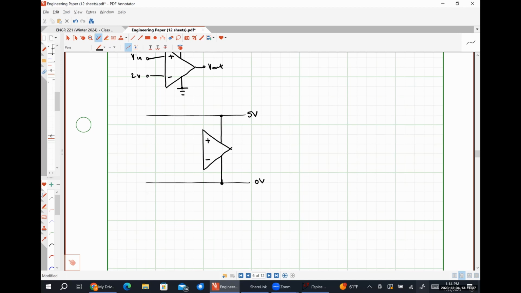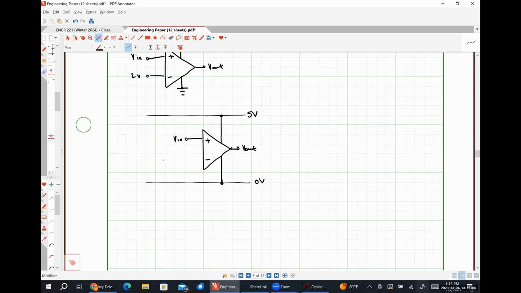And I've got it powered correctly. Here's my output. My input signal. That's going to change, so that's definitely going to require an external thing. But now I need to figure out how to get 2 volts at that node. Okay.